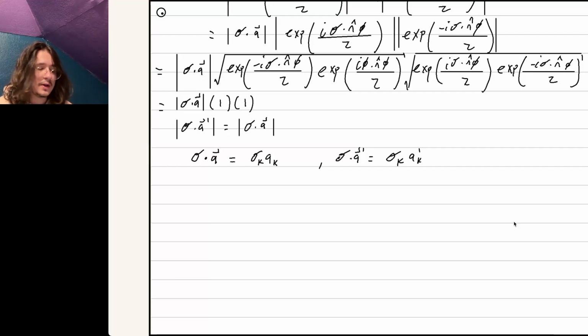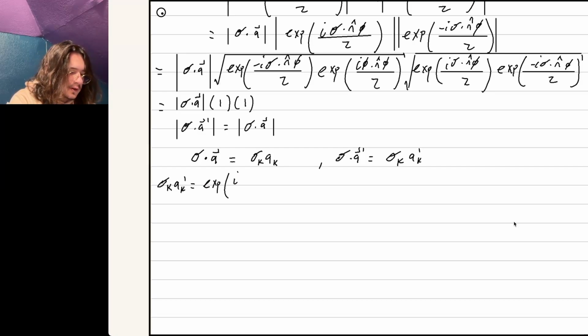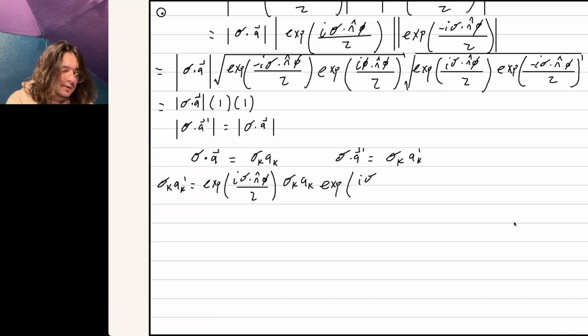Now we're meant to find what ak prime is. We're looking at sigma k ak prime, which is going to be exp i sigma dot n hat phi over 2 times sigma dot a, which you can go ahead and index. That'll be sigma k ak, then the other stuff with the minus sign over 2, right?